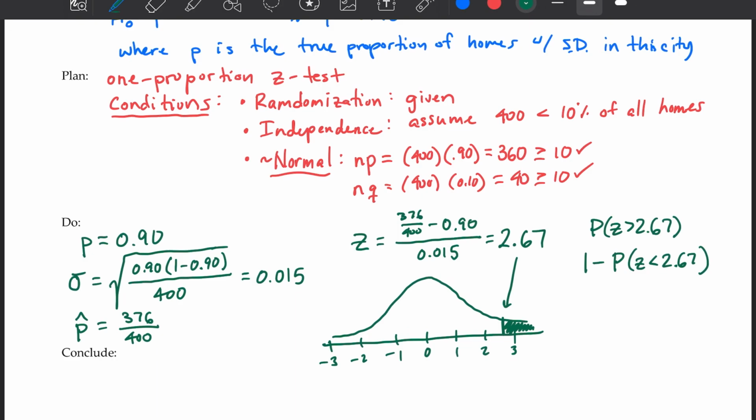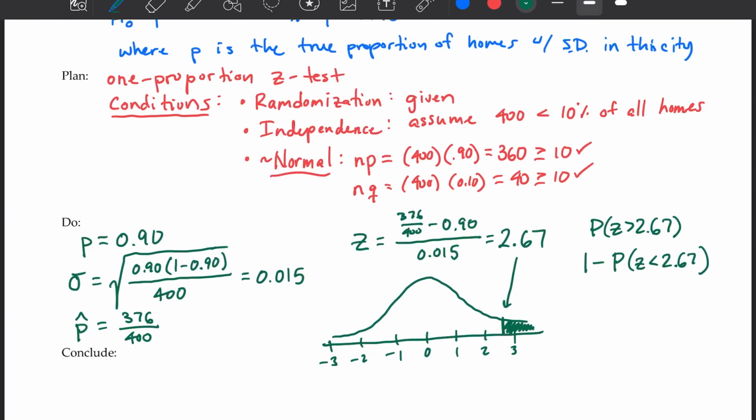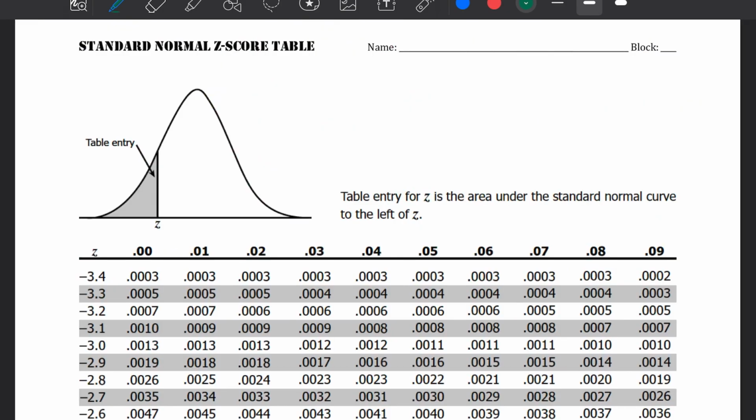Why'd I do that? Well, let's head back over to our z-score table. So our z-score table, remember, always shows us left-hand tails here, always less than. So I was sort of remembering that from last semester, so that's why I jumped into that. So what we want to do now is use the z-score table to figure out what is this probability that z is less than 2.67. Oh, I guess technically we should, oh no, we're good. So here we go, 2.67. That's going to be on this second page.